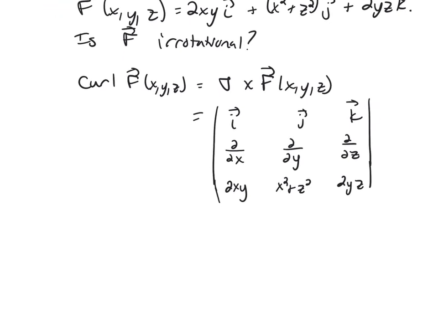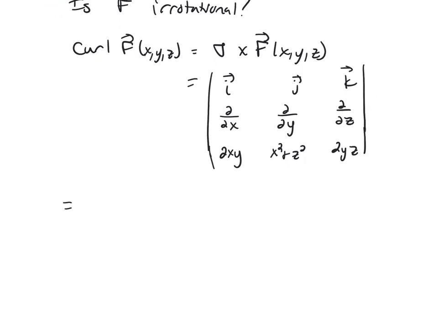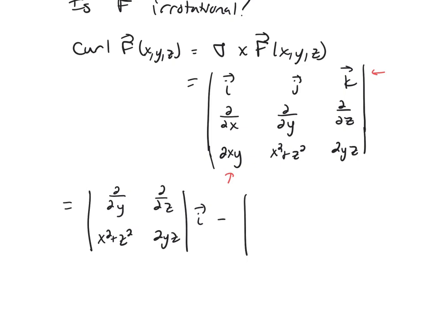So then remember how we compute these cross products is we break it down where you delete the first row and the first column. So it'll be the partial with respect to y, the partial with respect to z, x squared plus z squared, 2yz, i, minus, now delete the first row and the second column.